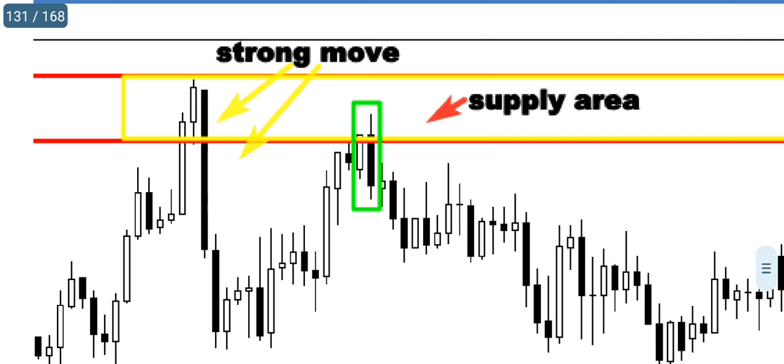Automatically the market has to reverse. So we term that a supply area or zone, where the buying prices are being rejected by the selling price.